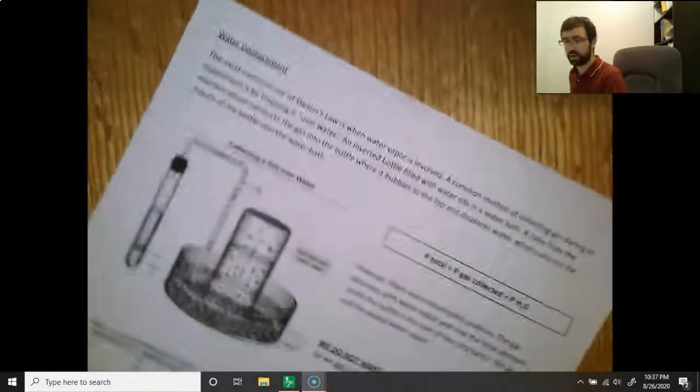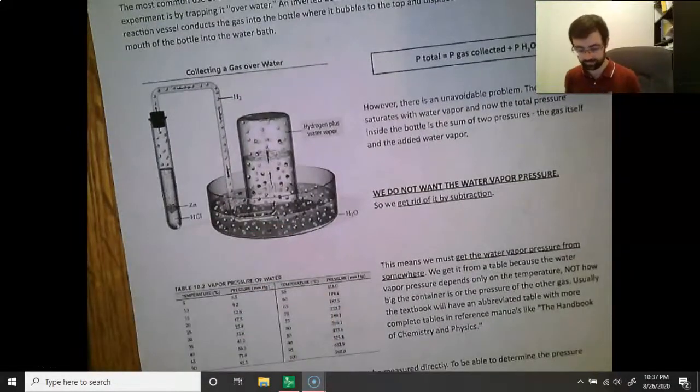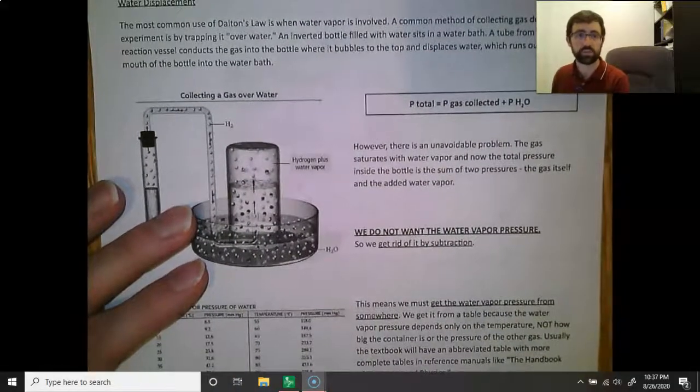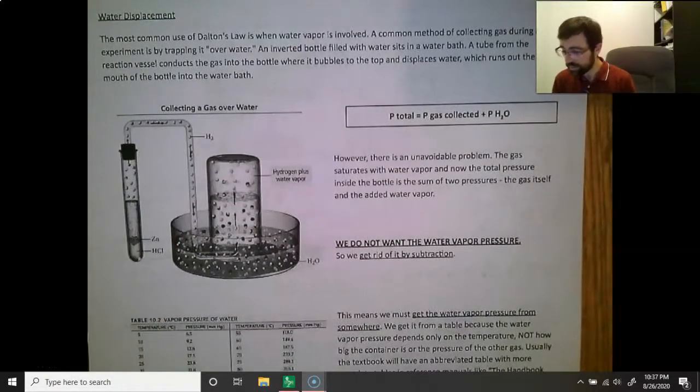All right, just a couple more. Let's talk about water displacement very briefly. Not a whole lot to this. There's a lot of words, but I'm just going to go through it kind of quickly. The most common use of Dalton's law is water displacement because it's a really common way to collect gases and measure their pressure and volume, and the amount of moles of gas that we get, by collecting it over water.